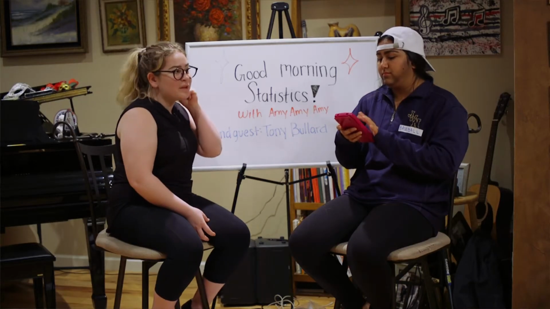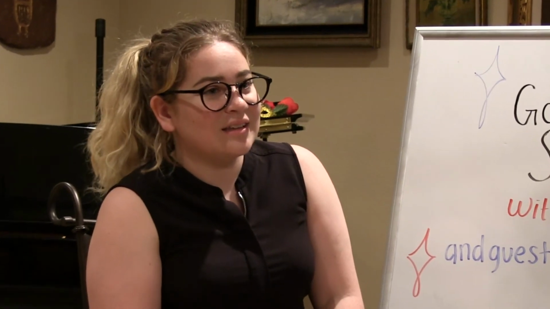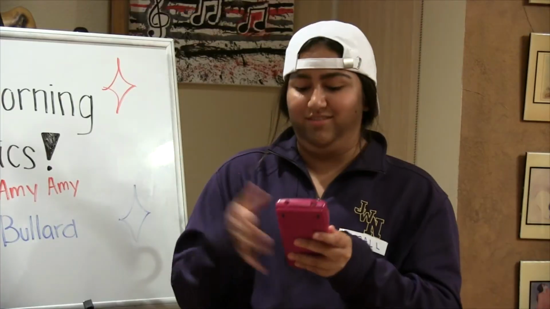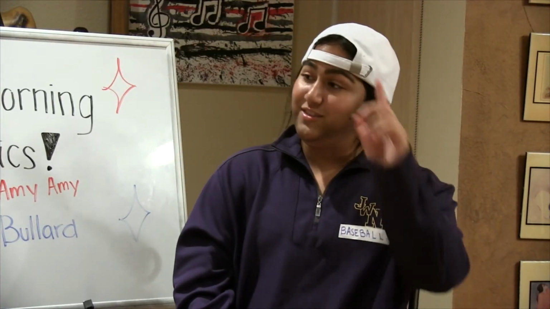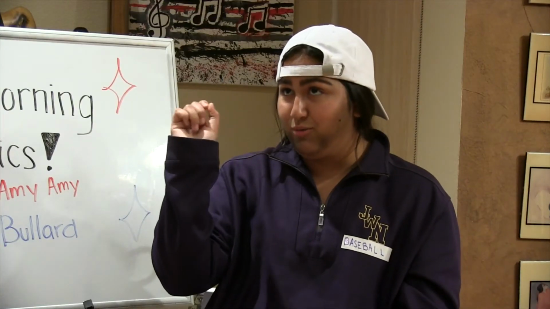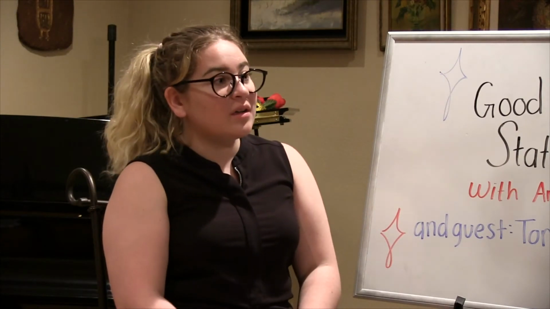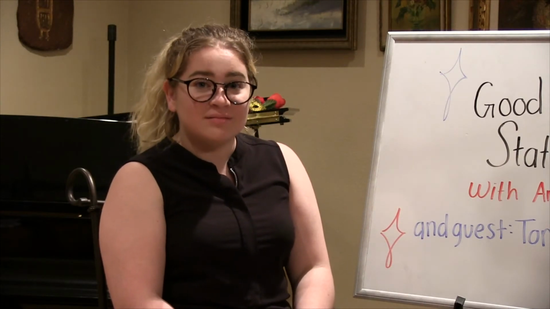So what would you get as your p-value? Well, don't get ahead of yourself there, Amy. First, as our z-value, we got 2.5, which then gives you a p-value of 0.00621. Interesting. So that's really small.